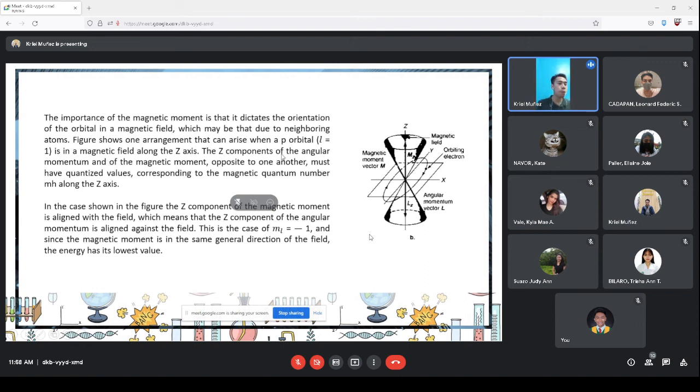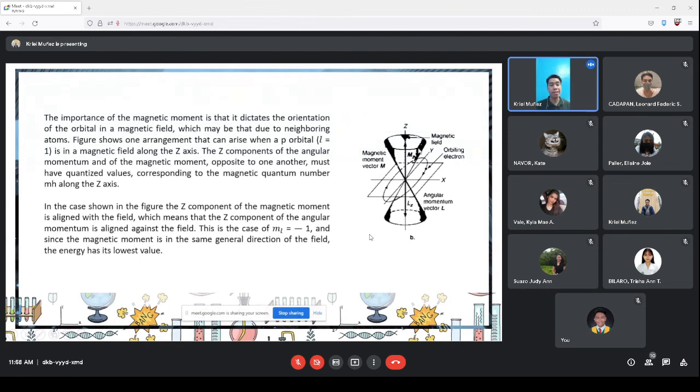So the z component of the angular momentum and of the magnetic moment opposite to one another must have quantized values corresponding to the magnetic quantum number m sub L along the z-axis. Mamaya ko nang babaguhin. In the case shown in this figure, the z component of the magnetic moment, yung z component natin, is aligned with the field.